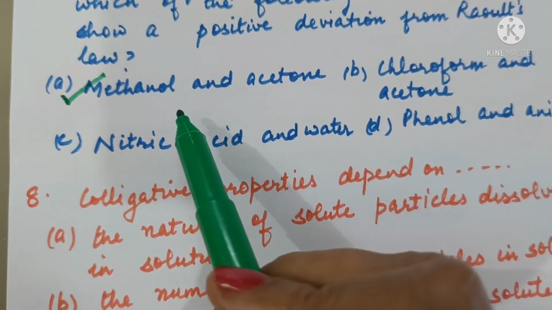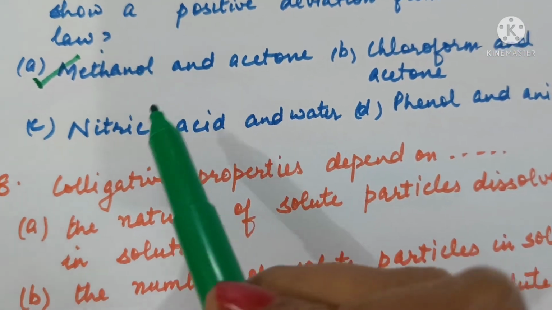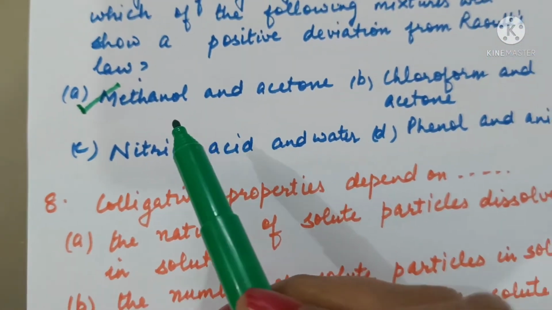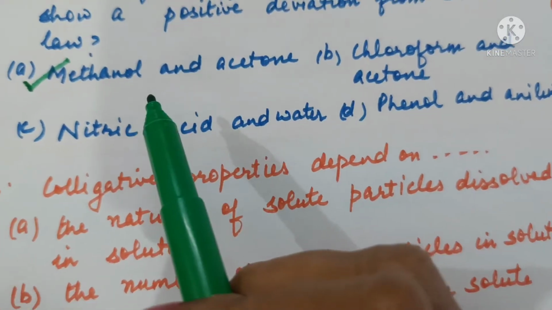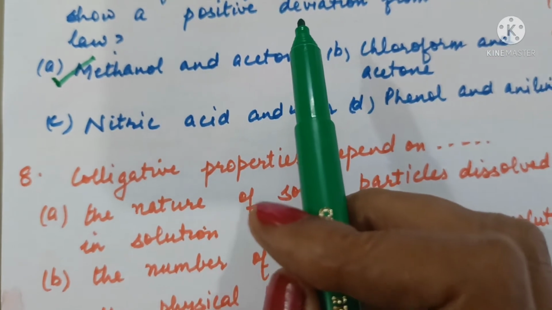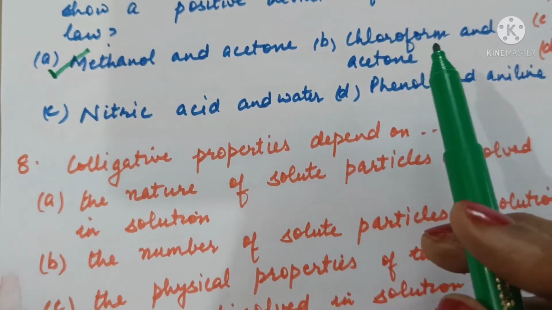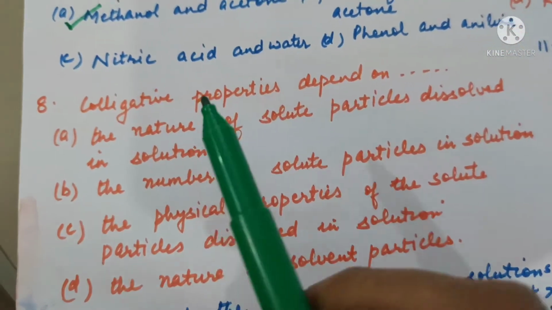When acetone is added, these molecules come in between the methanol molecules and break some of the hydrogen bonds, because of which the interaction between the two solvents decreases and vapor pressure increases. So it shows positive deviation from Raoult's law. The other mixtures show negative deviation from Raoult's law.